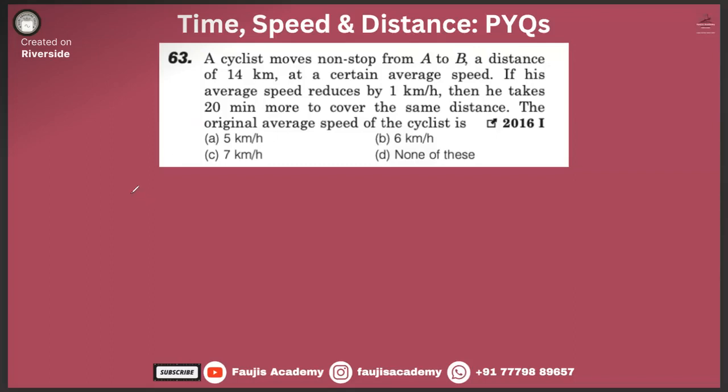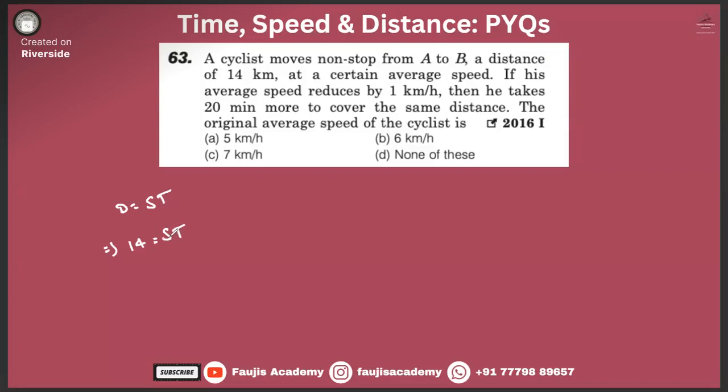What did I tell you? Let's solve it and see whether it's approximately yes, or what. So there are two cases. His normal speed: distance is equal to speed into time. Distance is 14 kilometers, so speed into time, he will reach at some actual speed.